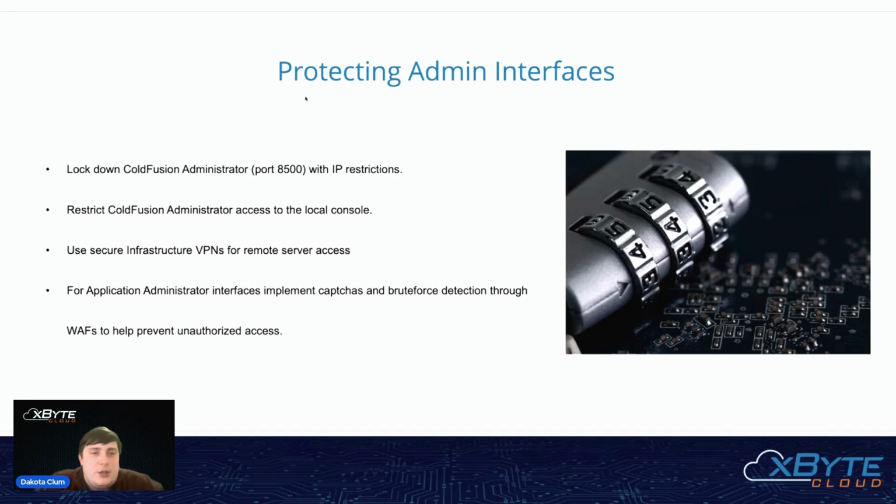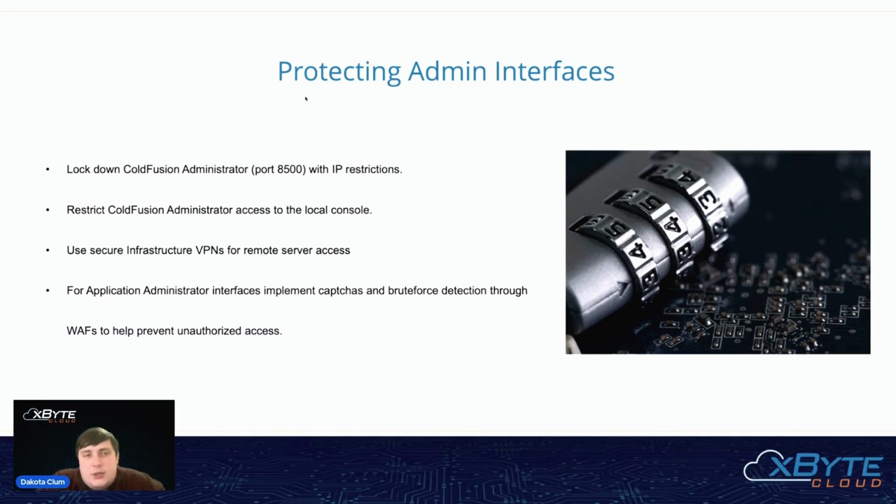Where that would cause an issue is at that point they could attempt to brute force, and could get unauthorized access, modify your DSNs, modify server settings, etc. You should restrict ColdFusion administrator access to local requests only, or even better, an infrastructure VPN where you're connected directly to the server over a private IP address that's not available to the public.